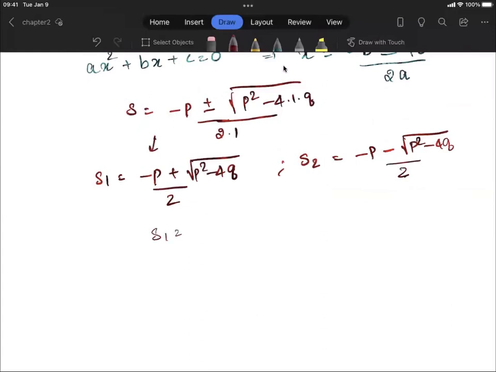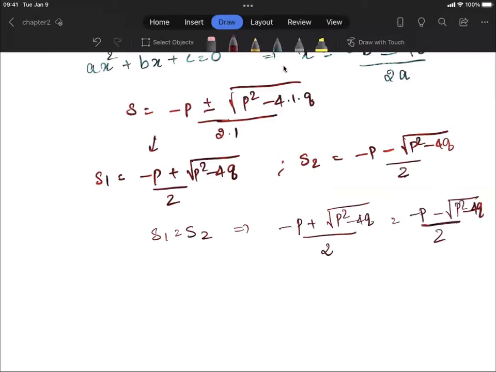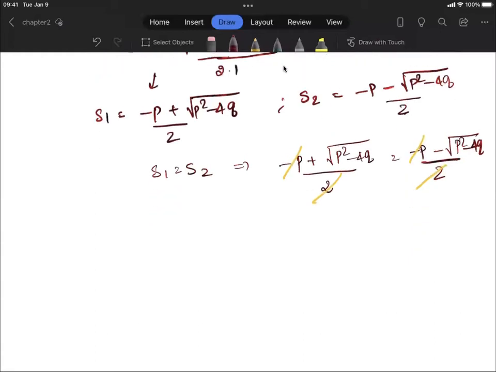The fact that s1 equals s2 implies this, right? So let's cancel out the 2's, and the negative p also gets cancelled out on both sides.